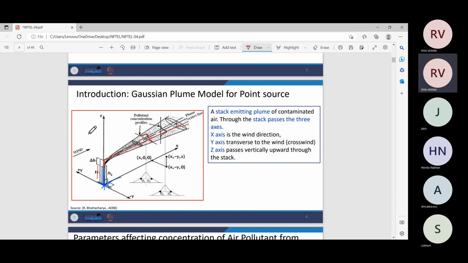So the x-axis represents your wind direction, your y-axis is transverse to the wind, this is the crosswind distance, and the z-axis passes vertically upwards through the stack. This is your z-axis.